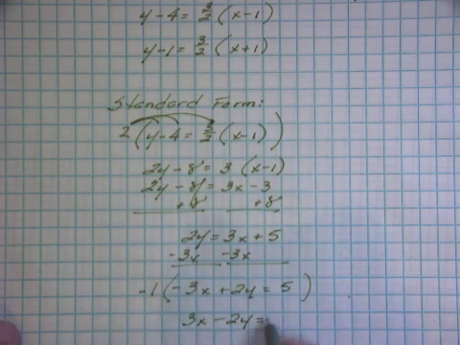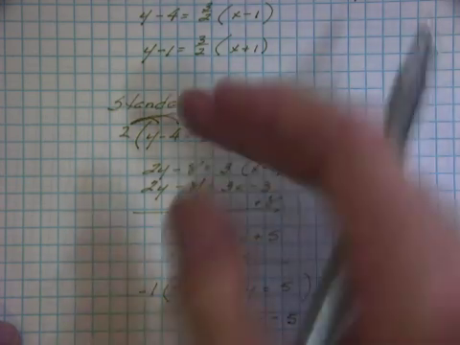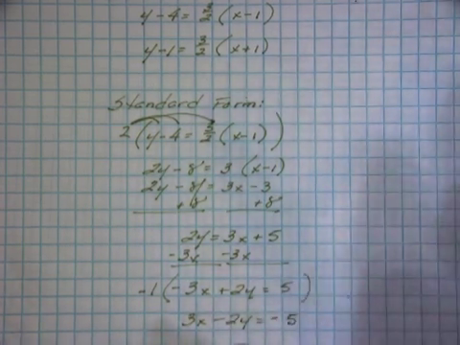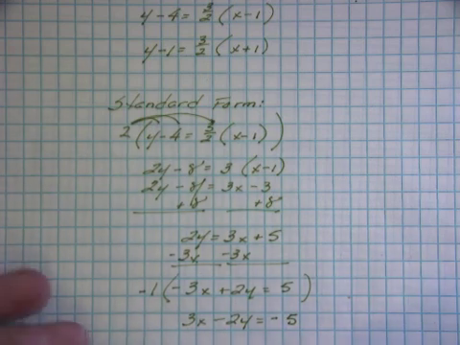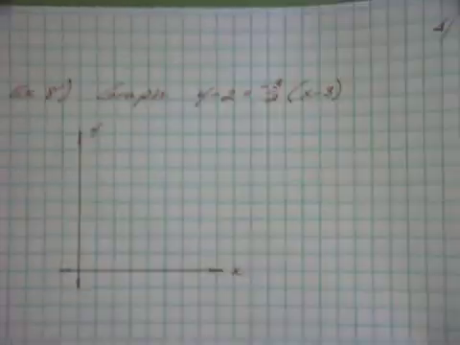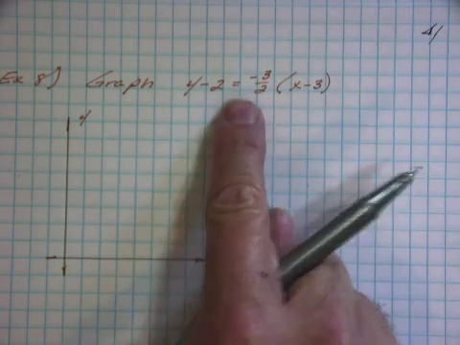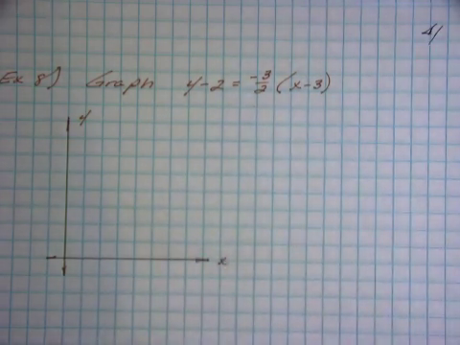And I'll subtract 3x from both sides. And I get negative 3x plus 2y equals 5. And to get rid of that negative, multiply the entire thing by negative 1, and you get 3x minus 2y equals negative 5.